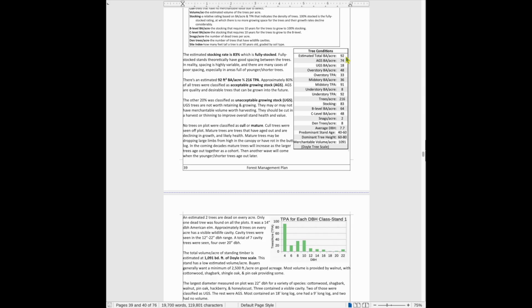We kind of see a ratio here of how many, quote unquote, bad trees to good trees that we have. And then from this number, we can see how much is in the overstory, how much is in the midstory, and how much is in the understory. So the understory doesn't have much compared to the mid and the over.